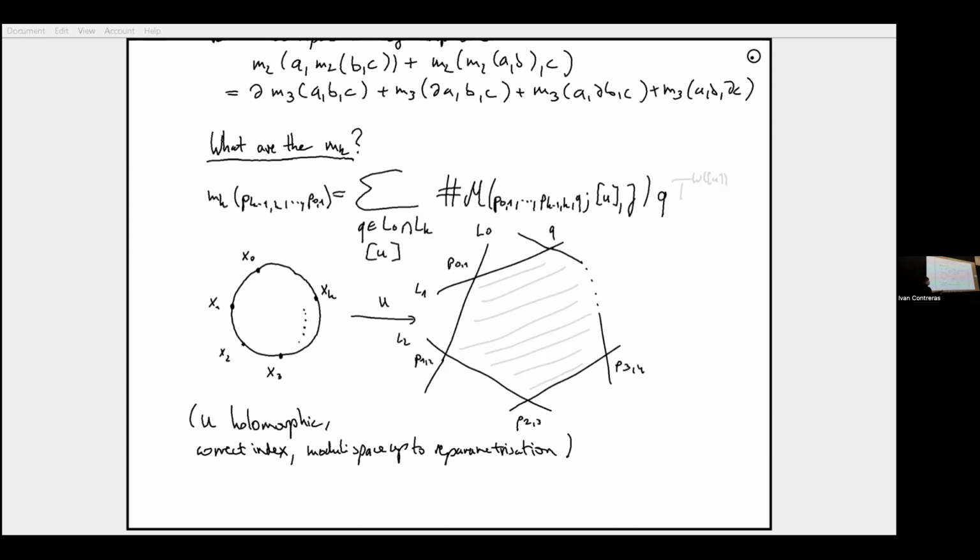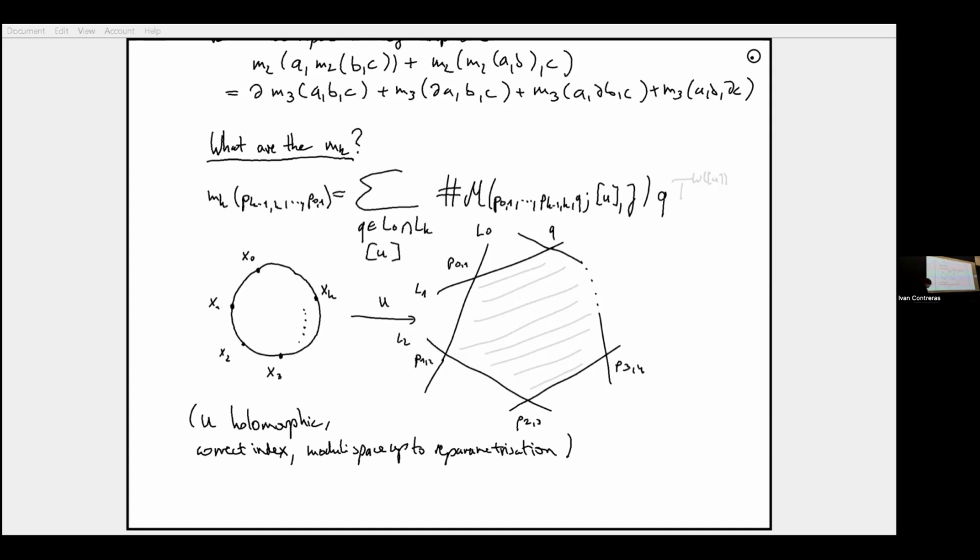In our case, we're only going to look at 2 dimensions today. In 2 dimensions, this is very nice in that you're actually just counting polygons. The only condition that comes in, this index condition, is saying that all the corners should be convex, so it looks like an actual polygon. So for 2-dimensional manifolds, you can literally just count these polygons with K+1 corners for the MK operation.